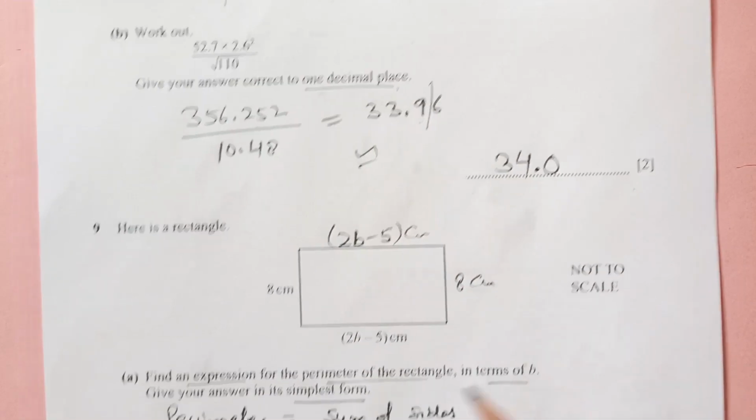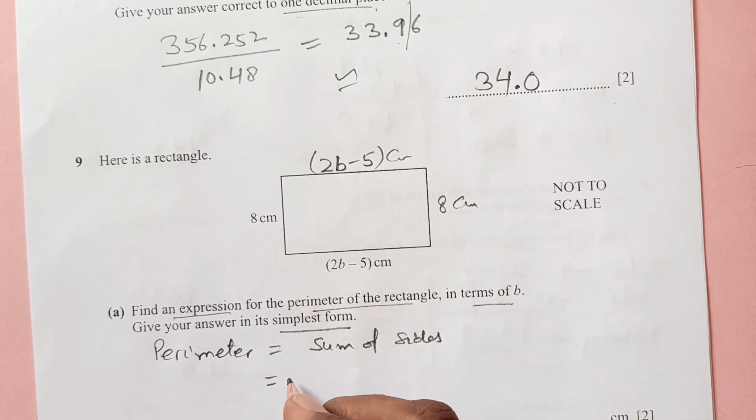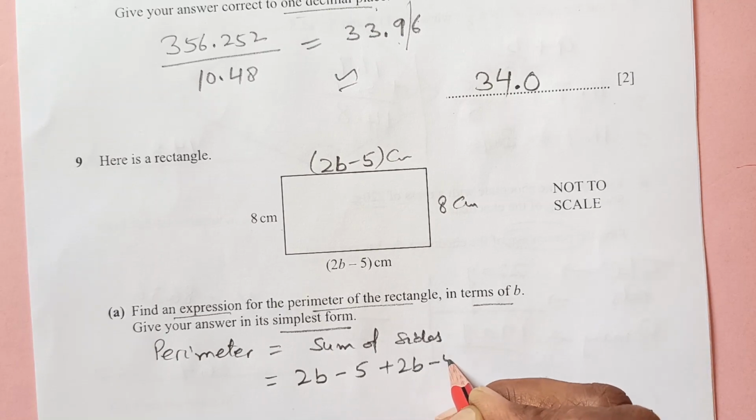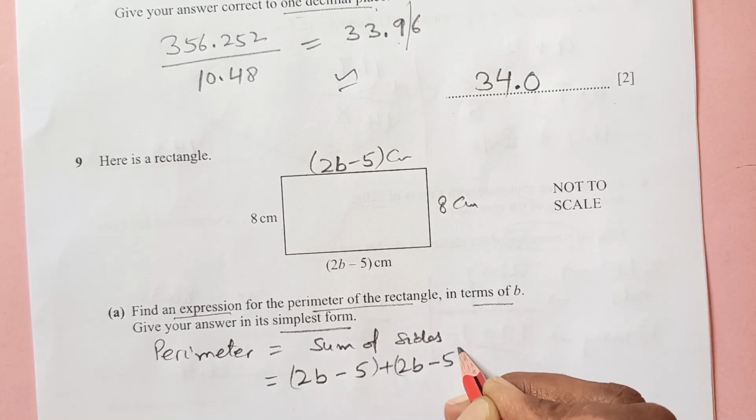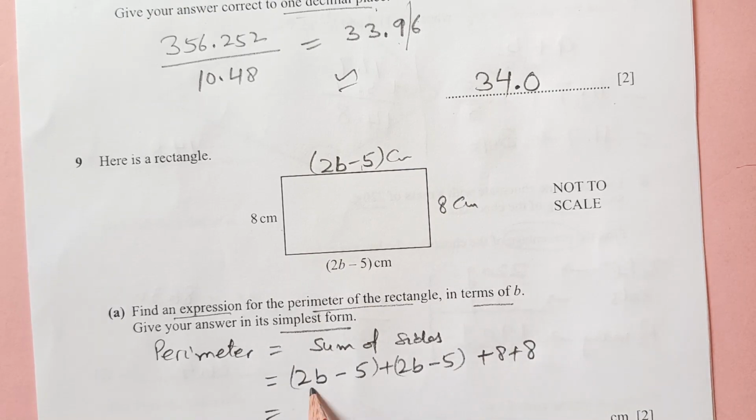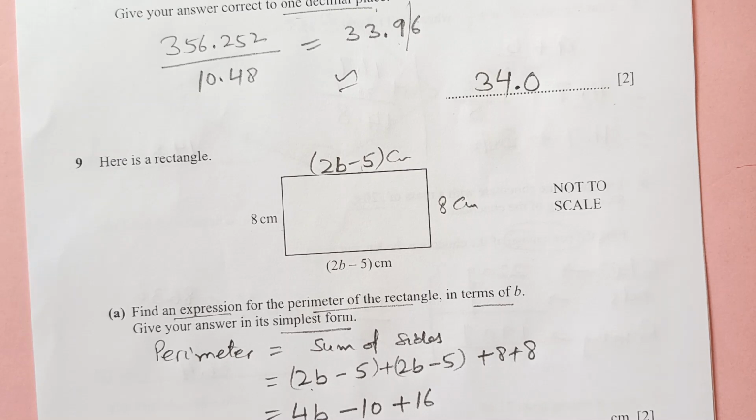So now we'll just add all of them: 2b plus 5, and again 2b plus 5, then 8 plus 8, right? So 2b plus 2b is 4b, 5 plus 5 is 10, 8 plus 8 is 16. So this is 4b plus 26. This is the expression, 4b plus 26, right?